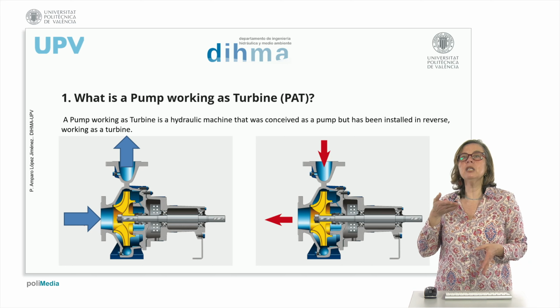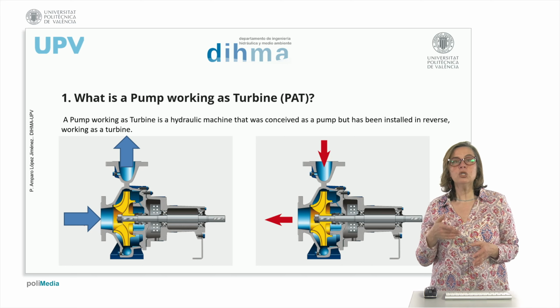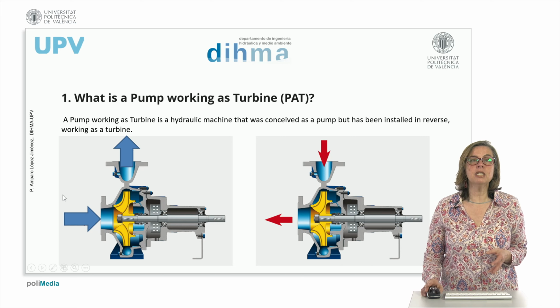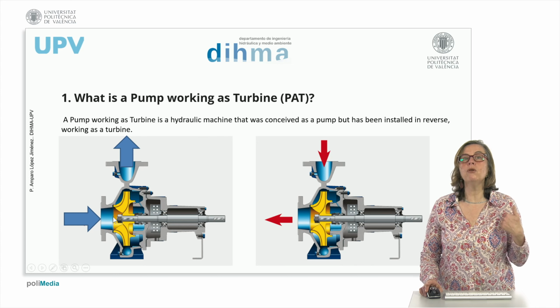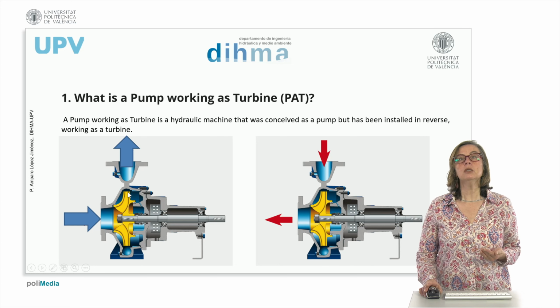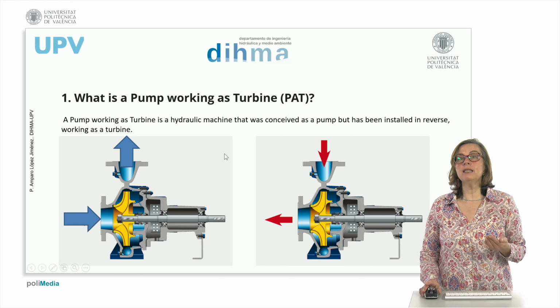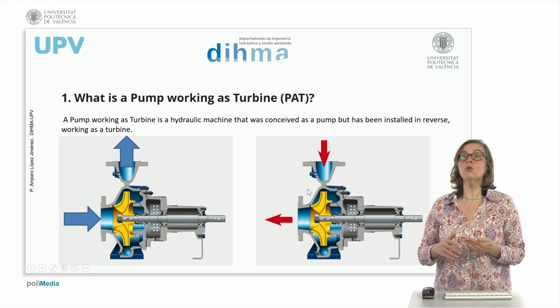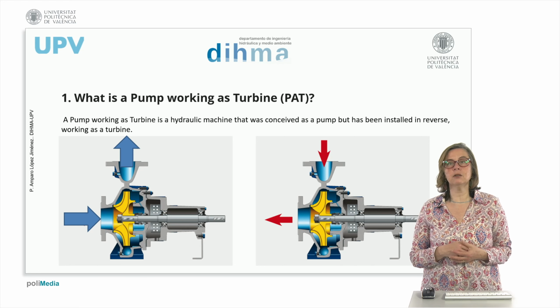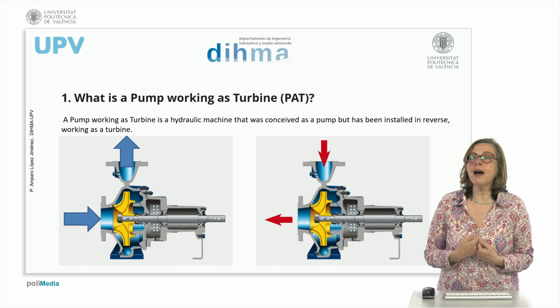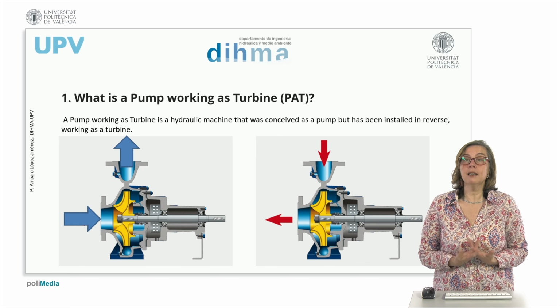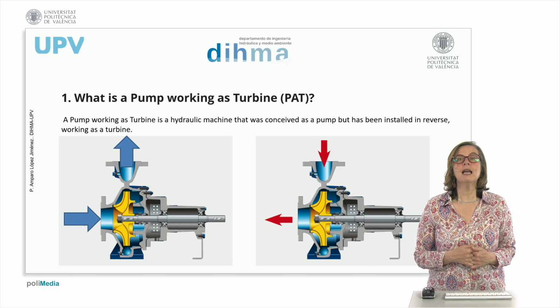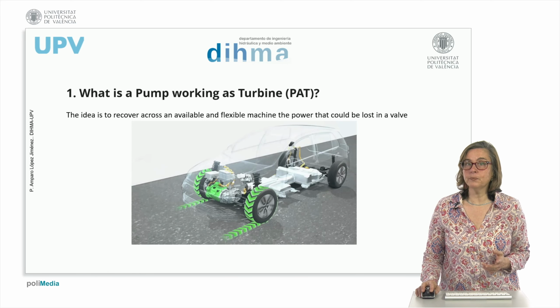It won't be used as a pump again. In the beginning, the machine was thought to make the water circulate, but now it is installed and moved by the water that circulates. So it gives us mechanical energy coming from hydraulic energy.